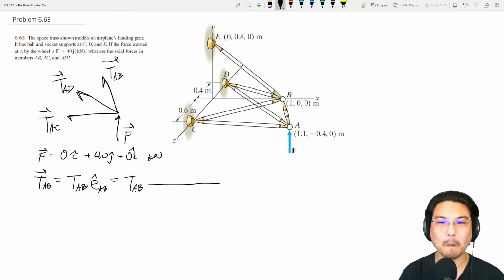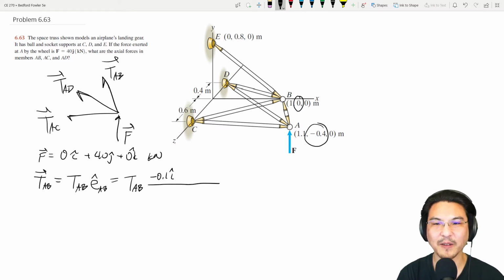Because what is the vector from A to B? 0 minus 1.1, so minus 1.1 i, 0 minus negative 0.4, so plus 0.4 j, and then 0 minus 0 k.